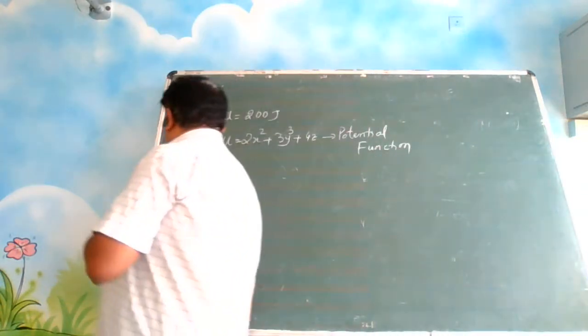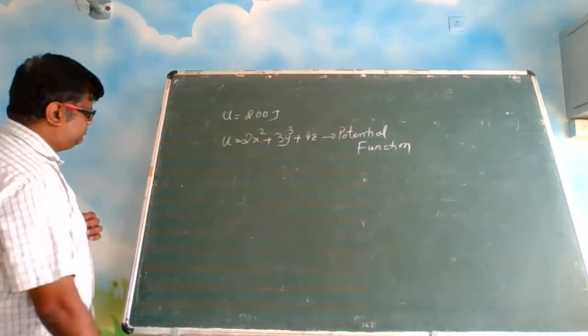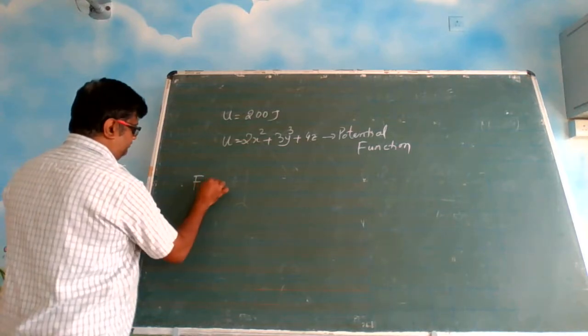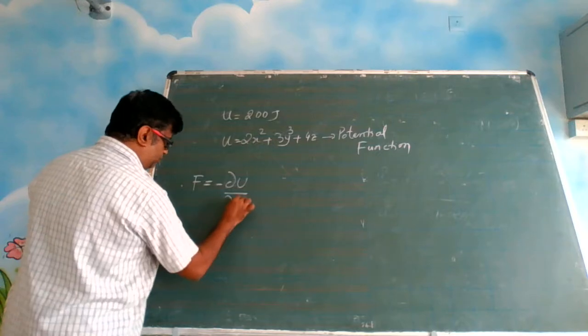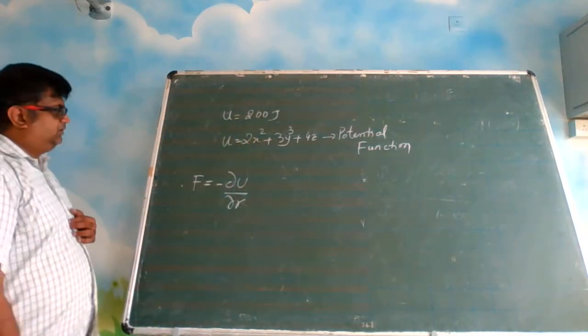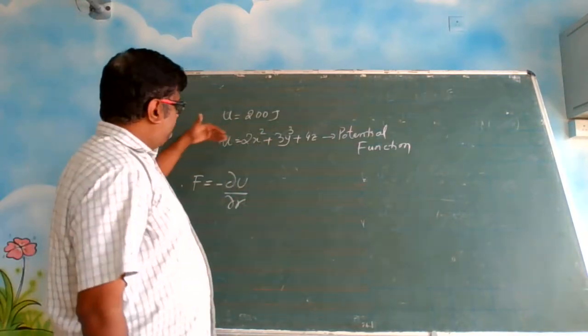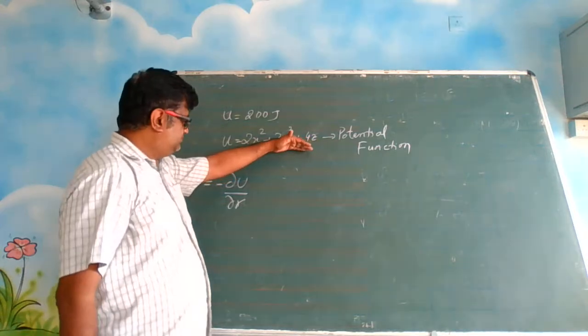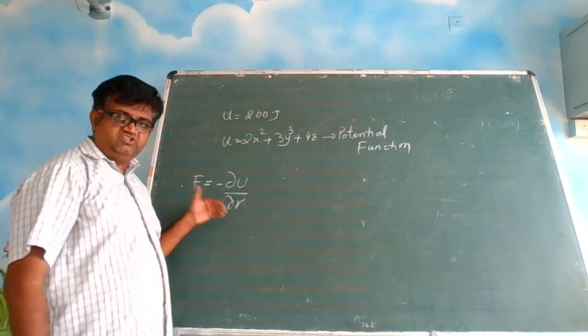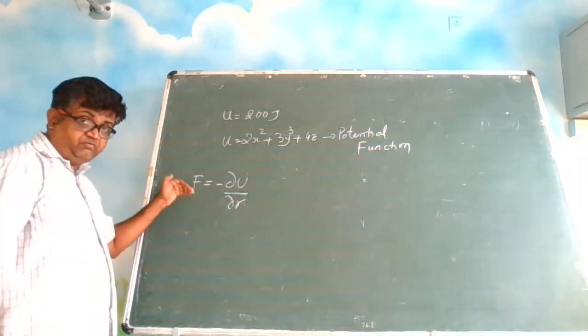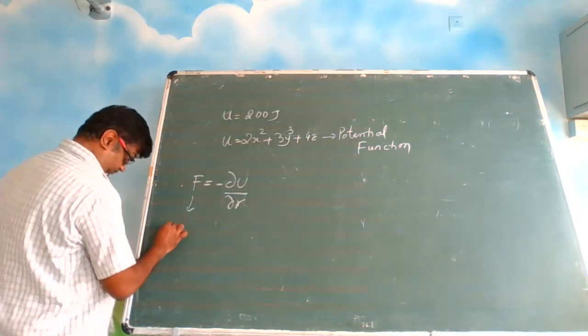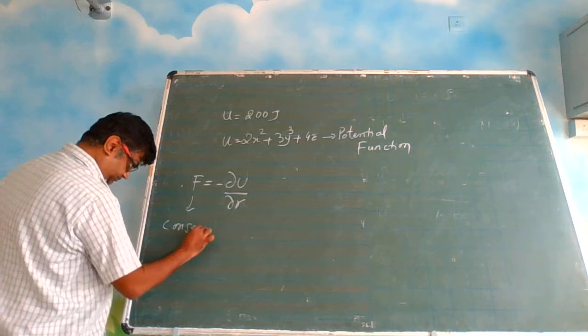So in the previous classes I have discussed one equation: F is equal to minus dou U by dou r. I told you that if you differentiate this expression with respect to the position vector, you are going to get the force. Which type of force is this? Conservative force.